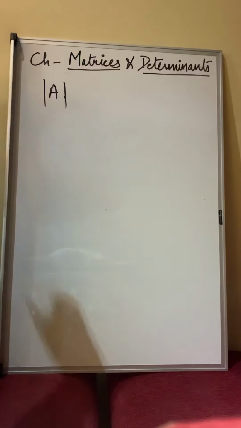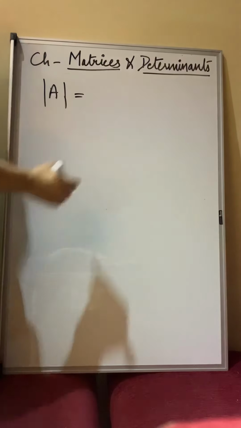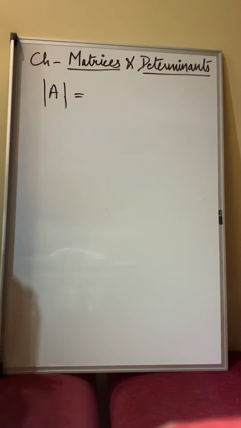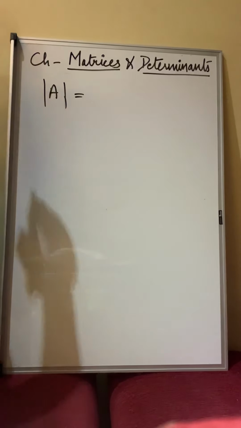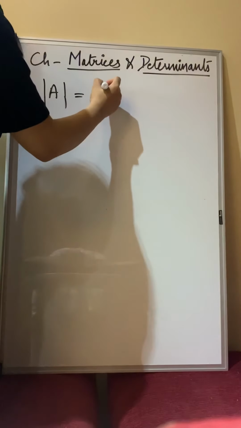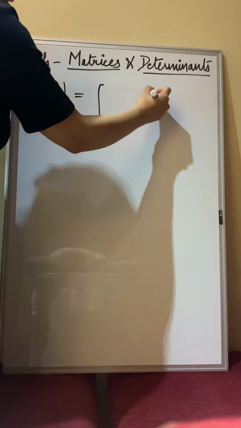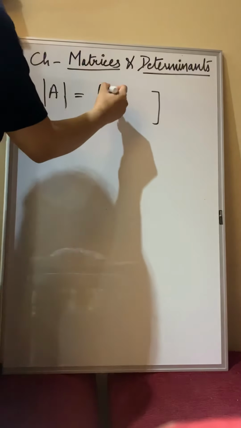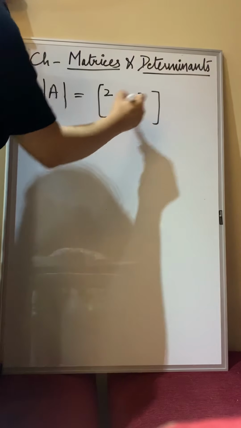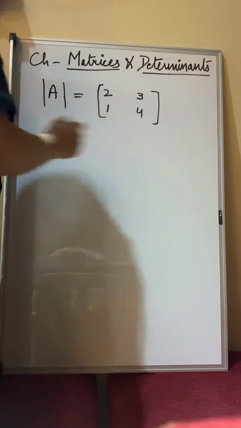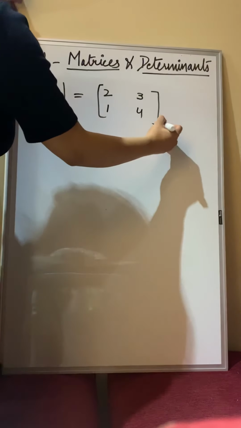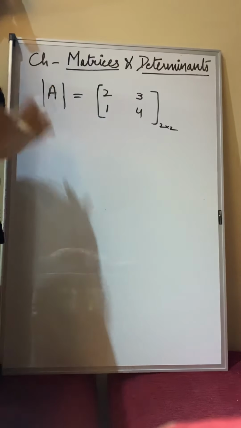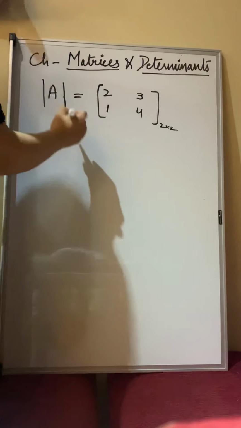So I'm starting. If I have to calculate the determinant of a matrix of order 2:2, let's say this is 2, 3, 1, and 4. I have to calculate the determinant.